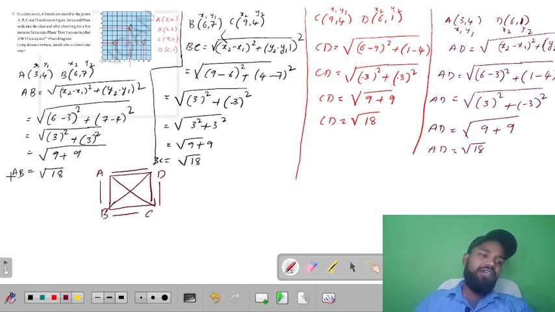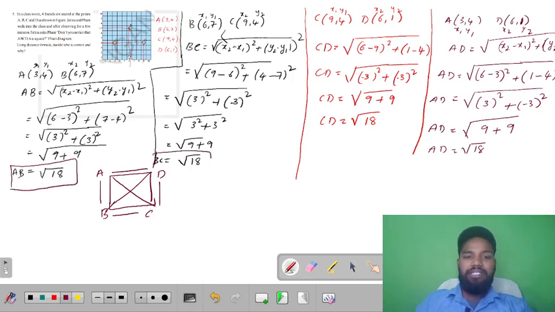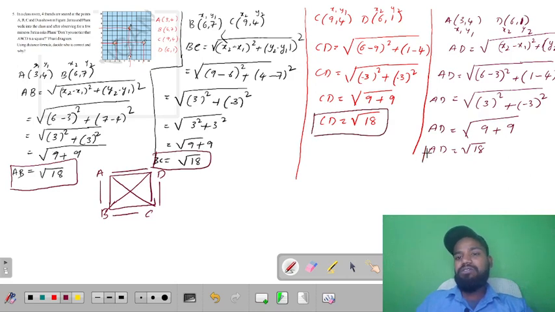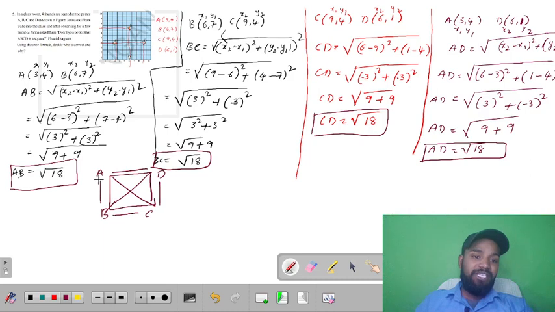First, we are going to check whether all sides are equal or not. AB equals 18, BC equals 18, CD equals 18, and AD equals 18. Now we check whether AC and BD are equal or not. So I am writing here the AC and BD values.